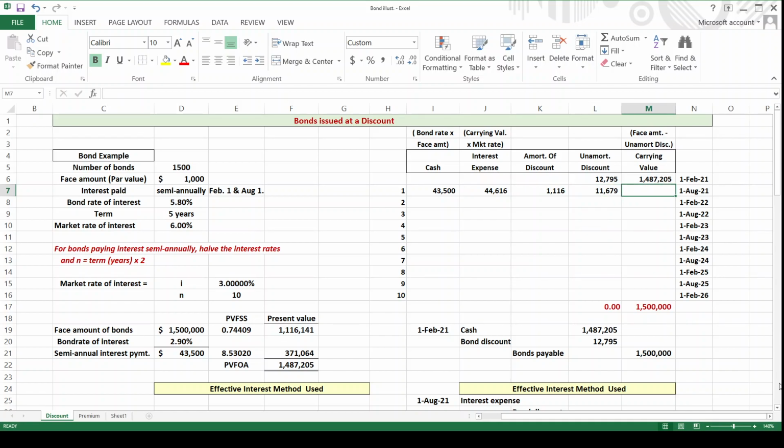So a simple formula would be, let me just take this 1487 and add the 1116, and I get 1488,321, which is the same thing as what? 1.5 million minus 11,679. Okay. Now, I'm hoping at this point that if I copy these formulas down the page, this number here, which is period 10, will be 1.5 million, and this will be 0.